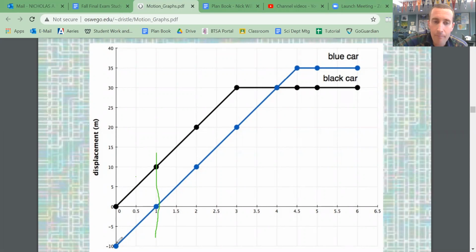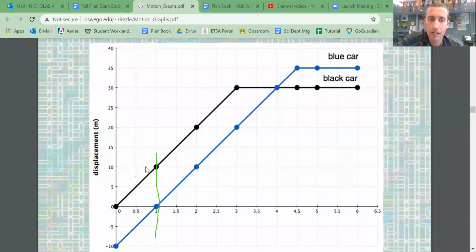So I noticed that both cars, so let's talk with black car. Black car goes from 0 to 10 meters. The blue car goes from -10 to 0 meters. So both cars move forwards by 10 meters. And it also looks like the black car is always ahead.